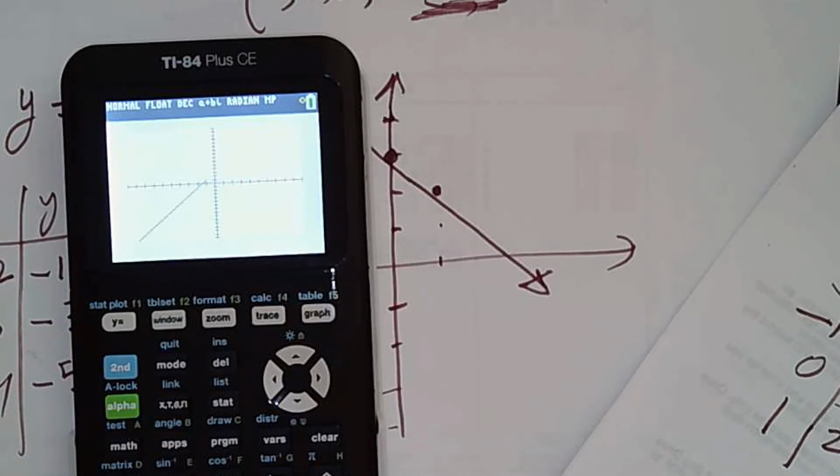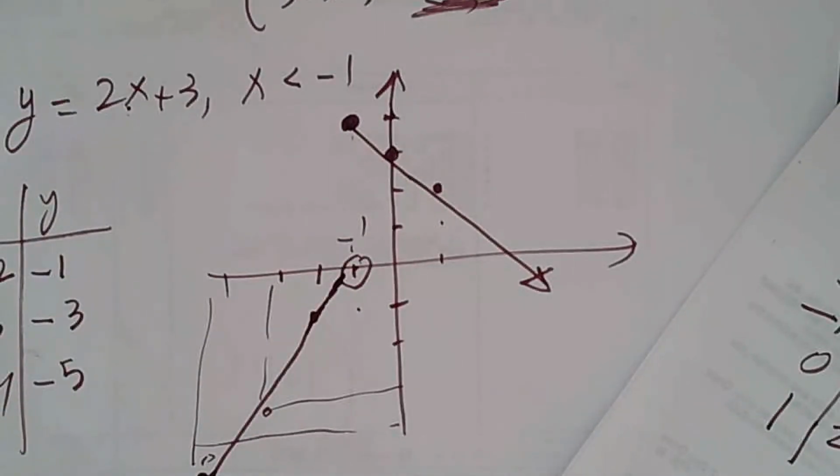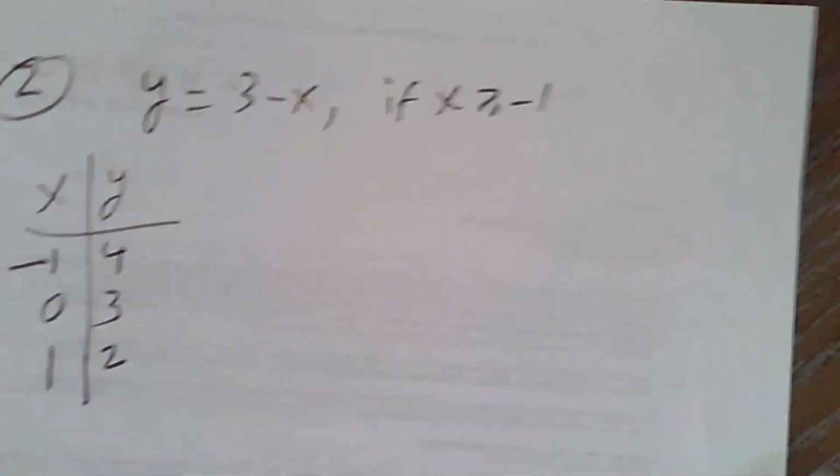Now the calculator is not going to give you open circle, closed circle. You have to figure that out, okay? So hopefully that helps. So now we can look at number 46, page 168, which is 3 pieces.